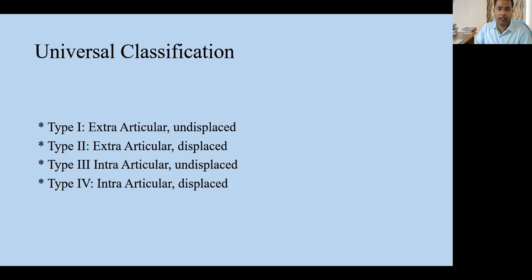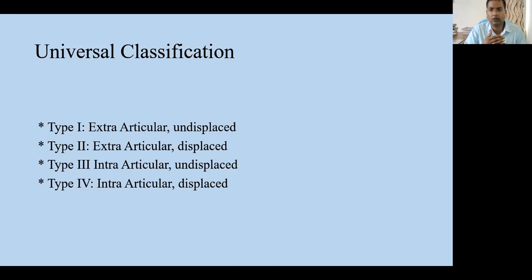This is another classification called the universal classification. This is the commonest classification and nowadays most commonly used. Here the Colles' fracture is classified in 4 categories: type 1, type 2, type 3, type 4. Type 1 is when the fracture is extra-articular and undisplaced, meaning the fracture line is outside the wrist joint and there is no displacement of the fragments.